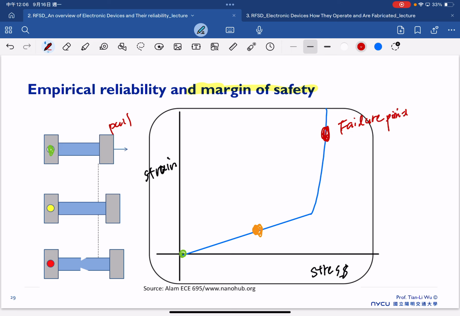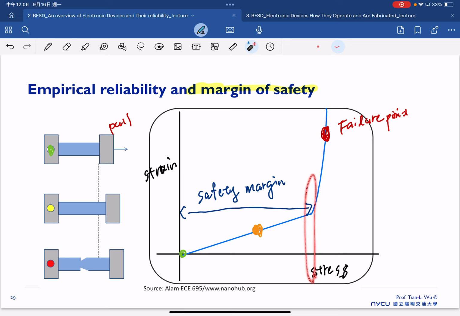But what does the safety margin mean? The safety margin is here. This is our safety margin. That means you can pull this string until this point without damaging our string, without damaging our material.